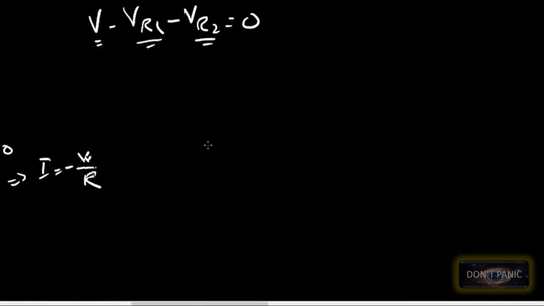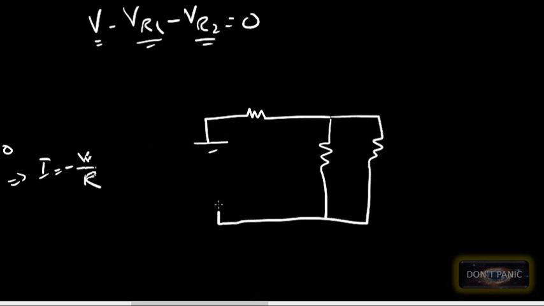So for Kirchhoff's current law, for example, suppose you had a circuit like this, then there's some current going here, and this current is going to divide into I1 and I2.